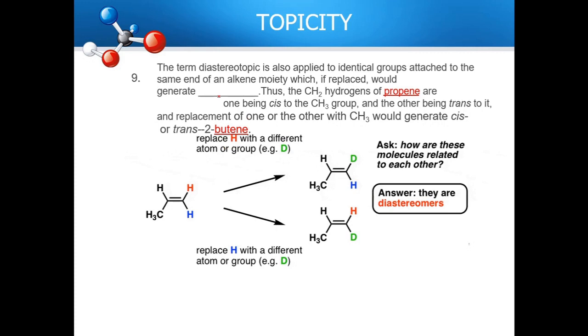They are diastereomers. So the CH2 hydrogens of propene are diastereotopic, one being cis to the CH3 group and the other being trans to the CH3 group, and replacement of one or the other with CH3 would generate cis or trans 2-butene. Therefore, these two hydrogens are diastereotopic in nature because they result in the formation of diastereomers.